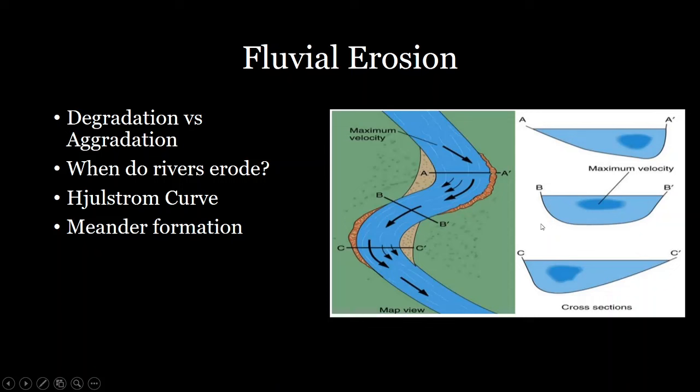The result of that erosion is that on the outside of a curve in a river, you have water that's moving relatively quickly. You can see this in cross section C here. The outside of the curve is the deepest and has the fastest water, whereas the inside of the curve is fairly shallow and has the slowest water.